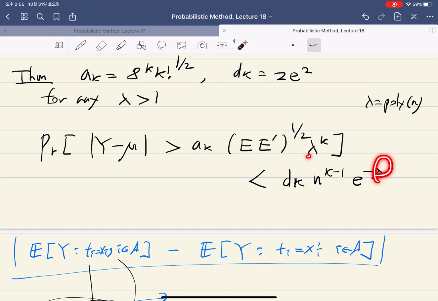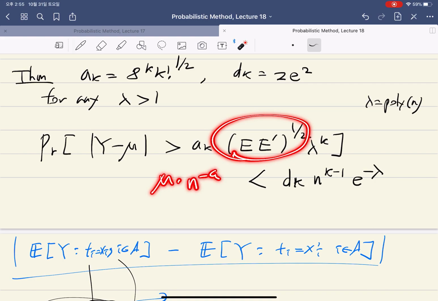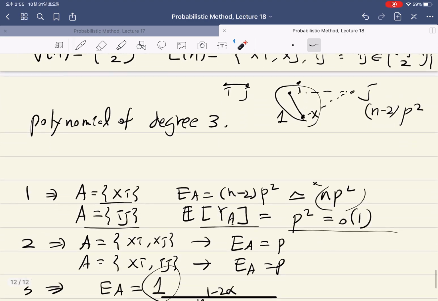So lambda should be n to some number. So we want this to be slightly smaller than mu. So this is mu times n to the minus epsilon.